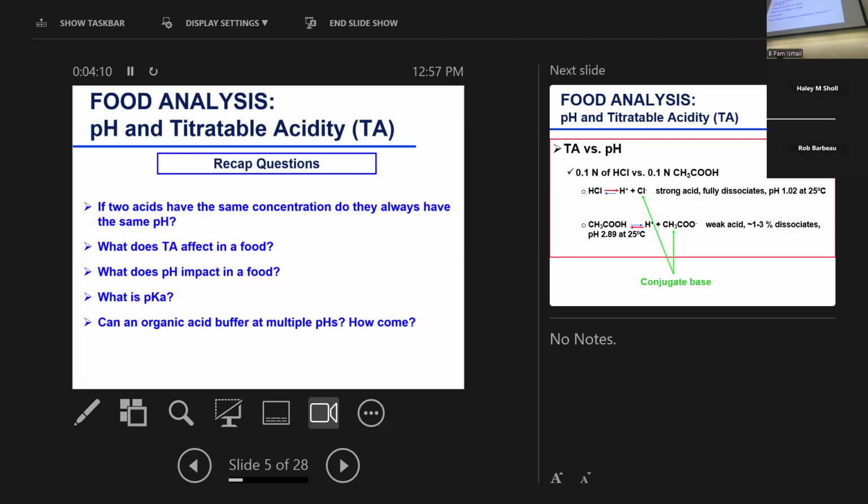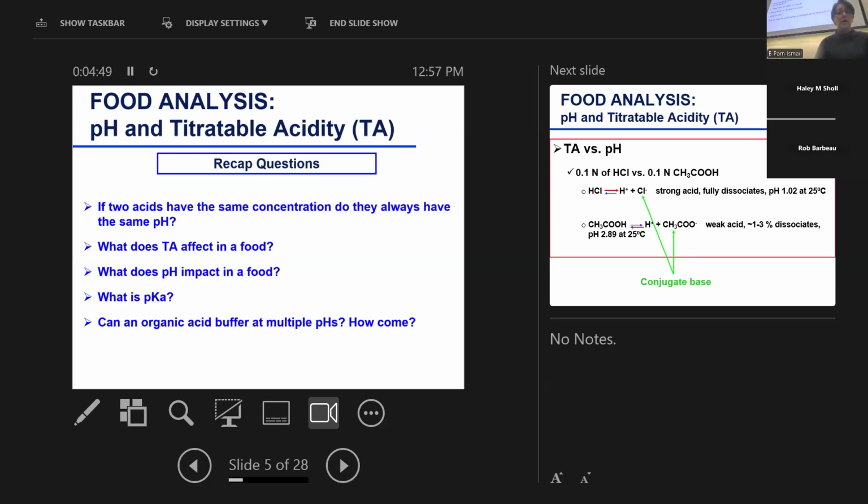So when the concentrations of the conjugate base and the acid are equal, log of 1 is 0, right? Log of 1 equals 0. Then the pH equals pKa, and this is maximum buffering capacity, meaning you have the same concentration of conjugate base that can absorb protons and acid that can give protons, so resisting change in pH.